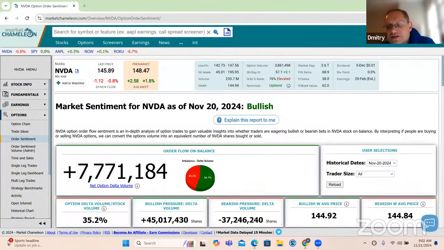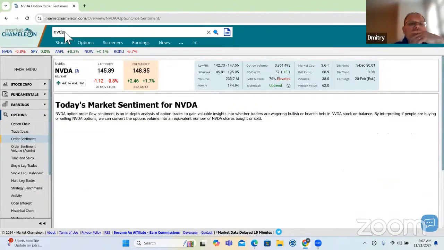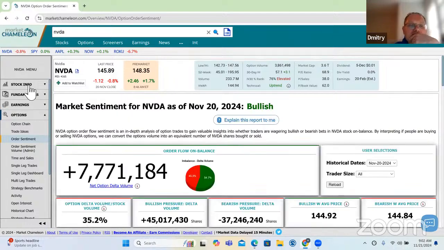What are we looking at this morning? So we're going to take a look at Nvidia, and we're going to analyze the option order flow sentiment report. How do we get to that? If you type in a stock symbol up top like this, you will end up on a summary page.